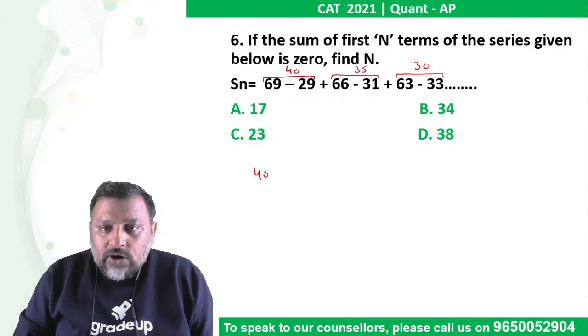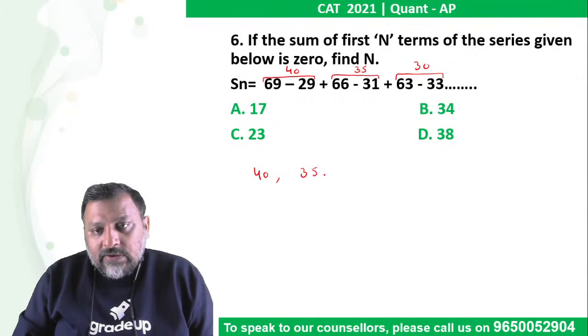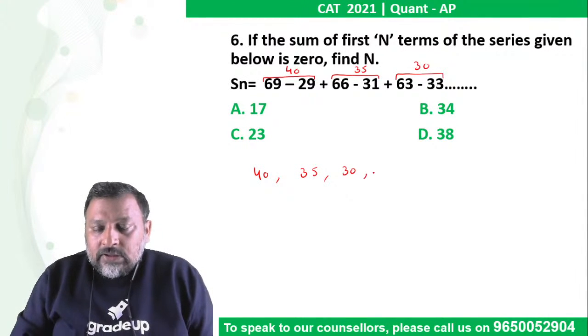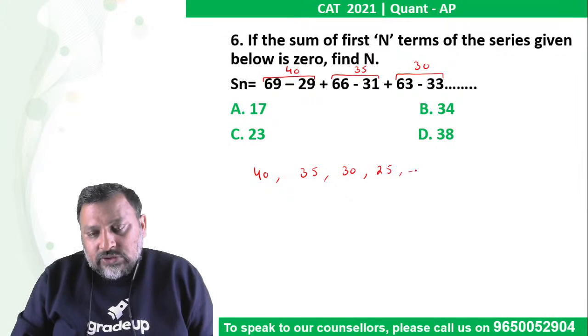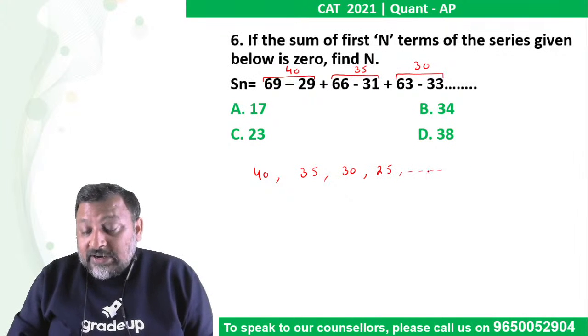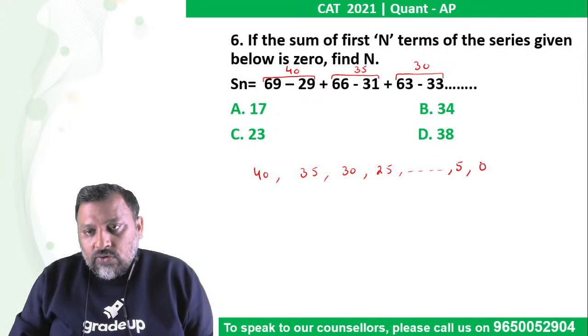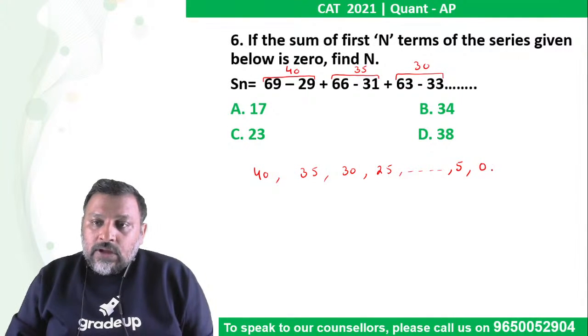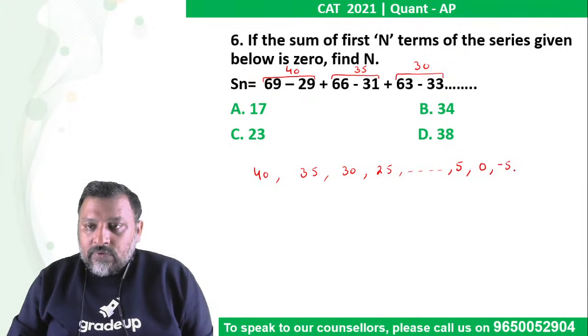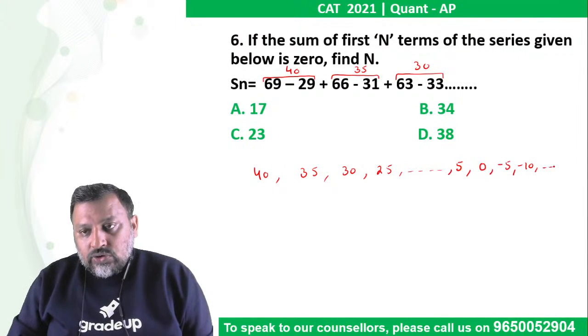So first it is 40, then next it is 35, then next is 30, then next is 25 and so on. So this is a decreasing AP. Then I'll get 5, then 0, and then minus 5, minus 10 and so on till minus 40.